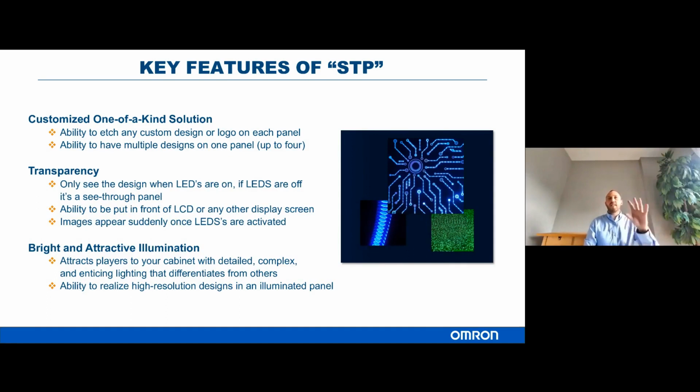And instead of the display changing, the display stays the same, but all of a sudden coins start shooting up across the screen. Well, those coins could be on our STP, and they almost look like they're coming out of nowhere because it's on a panel that you cannot see. So each coin, it's like it's a 3D coin. So that's kind of how you could utilize the panel's transparency to create a better, different environment for your player.